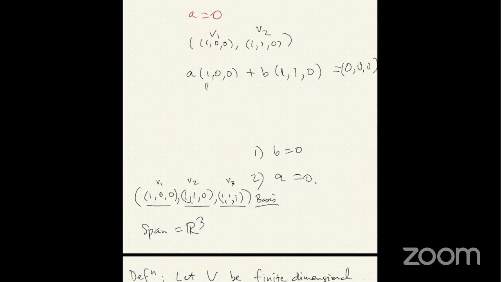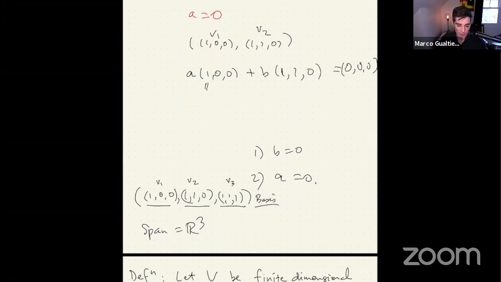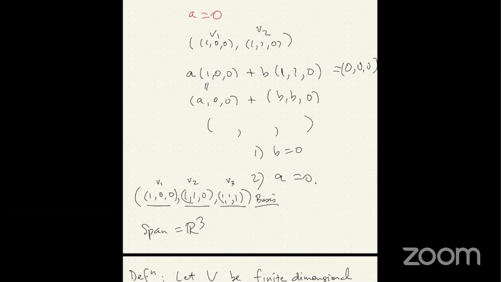What is the definition of the scalar multiplication on R3? A00, yeah, A00 plus B0. And then what is the definition of the sum? I'm supposed to get a single vector as the sum of these. You have to add them component-wise. Oh, okay, I got it.